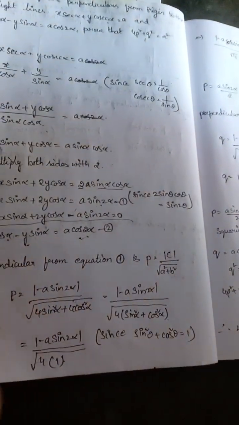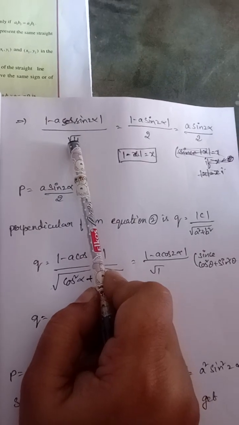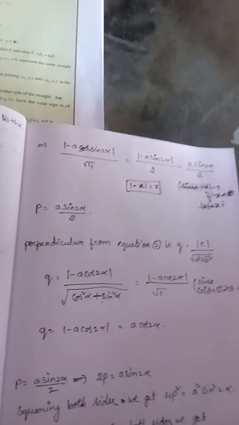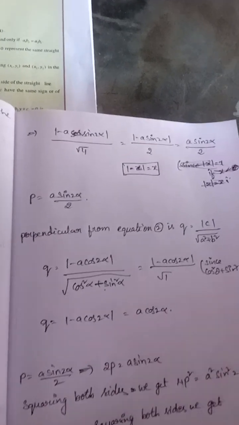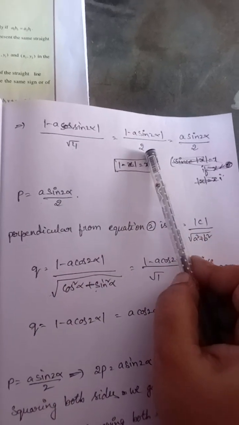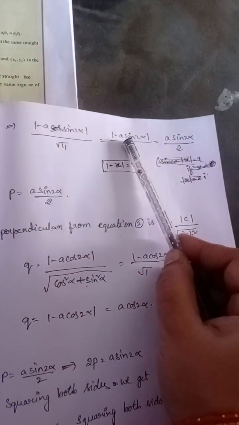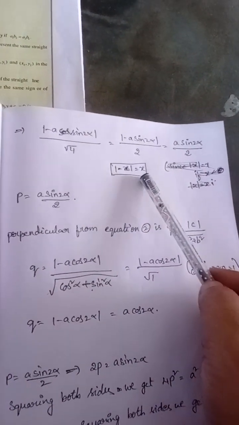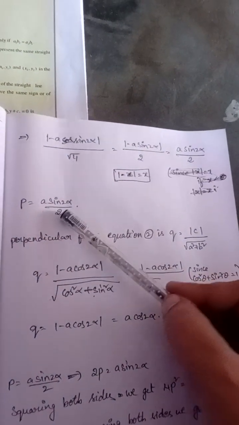So mod of minus A sin 2 alpha by root 4. Root 4 is nothing but root of 2 square, so the square and root cancel and we get 2. So mod of minus A sin 2 alpha by 2 equals A sin 2 alpha by 2, because if you have minus in the modulus function you get the positive. Whether you have minus or positive you get the positive output. So A sin 2 alpha by 2 equals P.